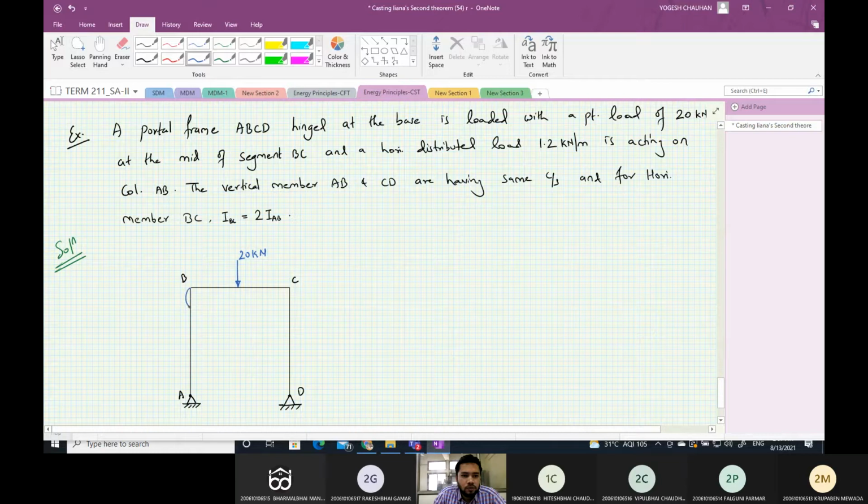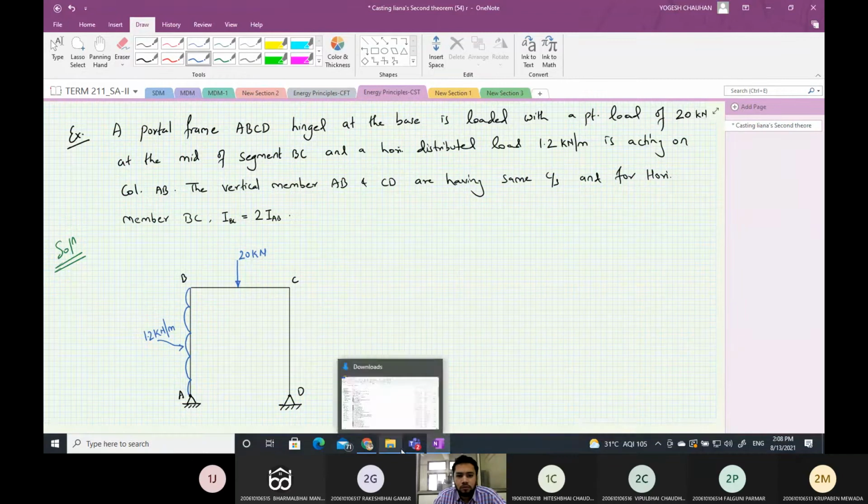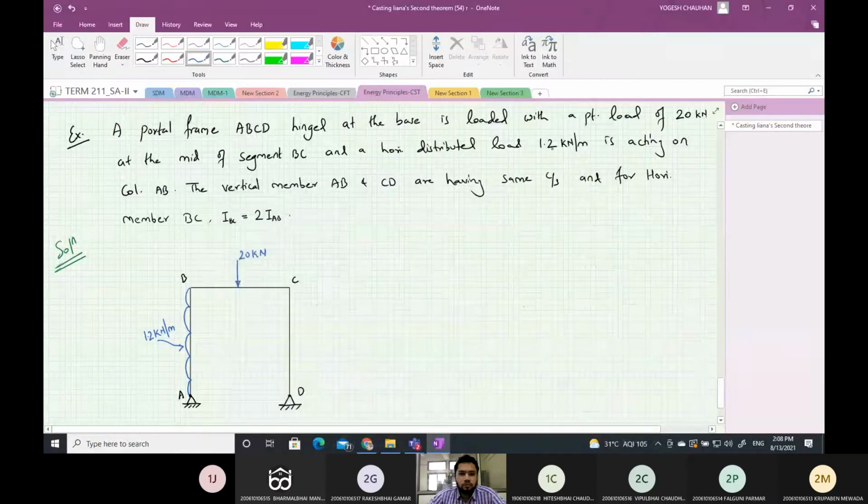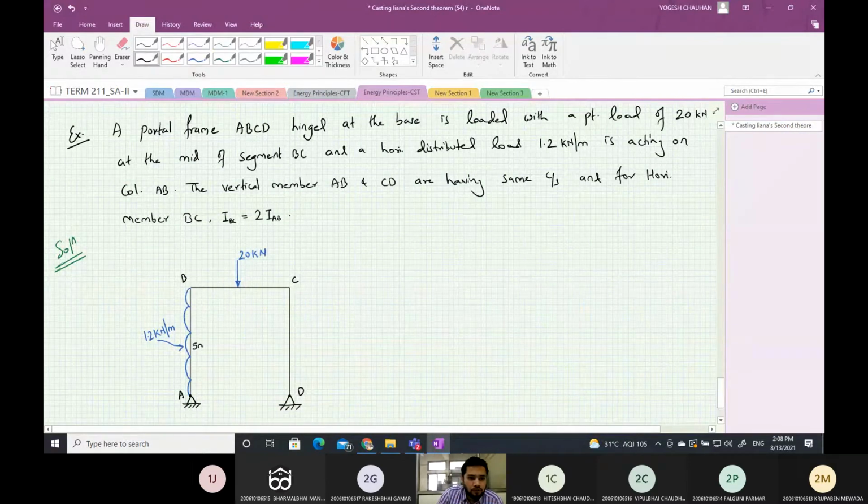So there is a UDL of 1.2 kN per meter. The length of this member is 5 meter, this member 4 meter, this member 5 meter.